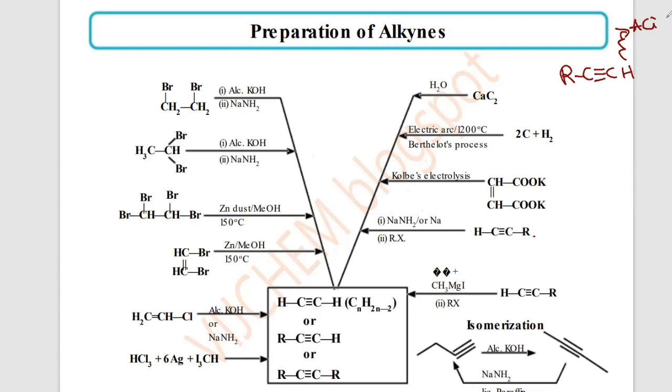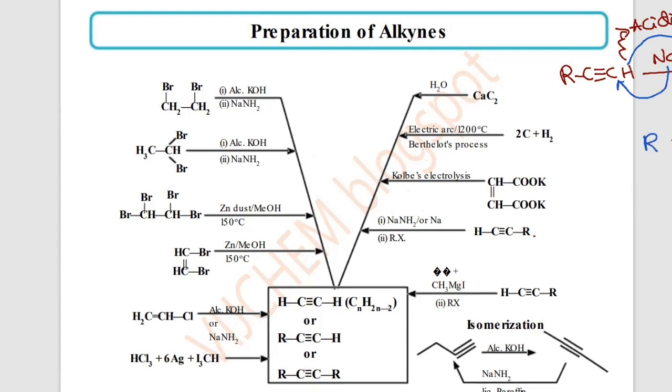Now when you treat it with NaNH2, obviously the reaction will be: sodium will replace the hydrogen here, and hydrogen will be removed as NH3. Then it is going to give you RC triple bond CNa.